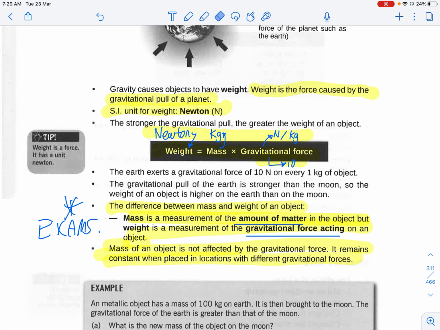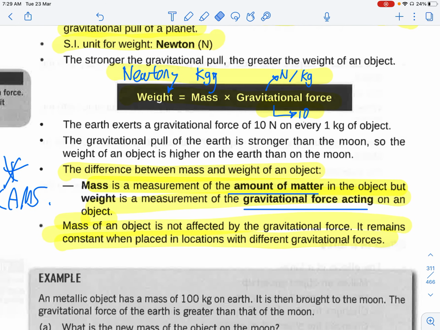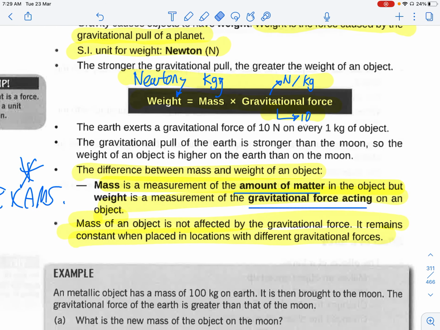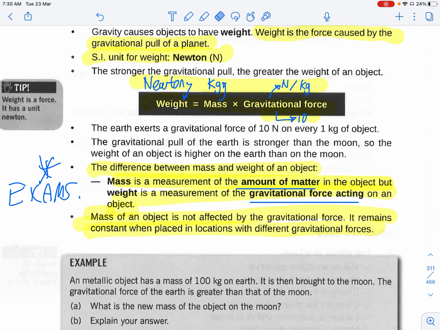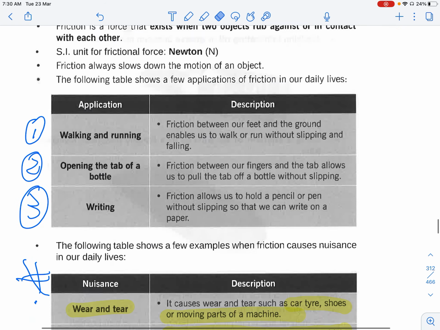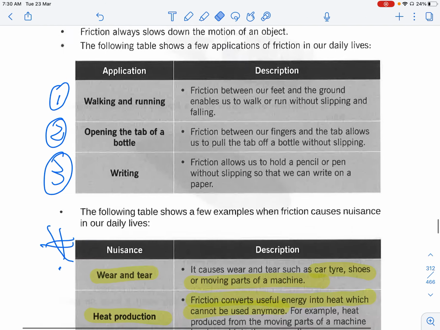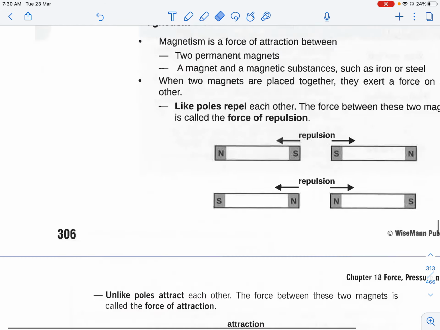We can see the difference between weight and mass. What I need you to do is to remember the general difference between these two: how to define mass, and how to define weight.